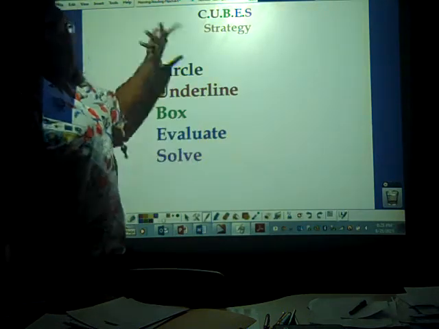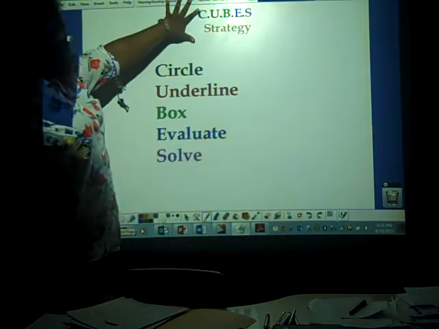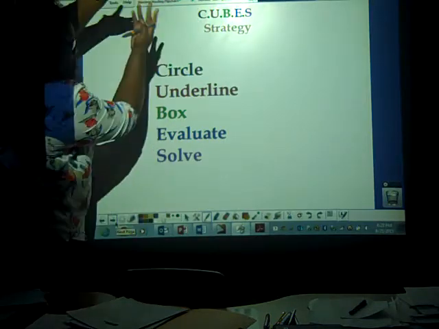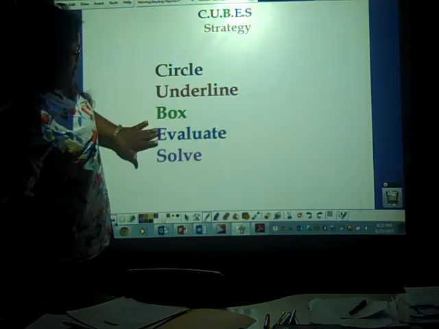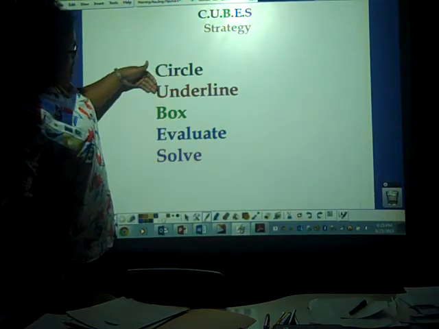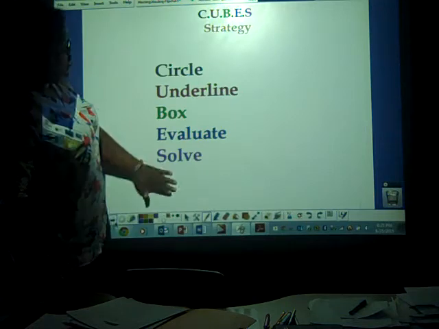A quick review. I put up a separate video yesterday on just the CUBES strategy. Here it is for you right here. Circle, underline, box, evaluate, solve. This is the acronym for this strategy.